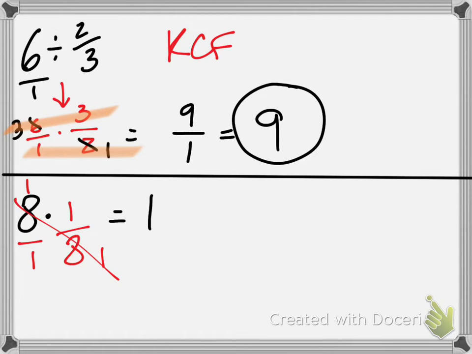Are you ready for it, you guys? It is the reciprocal, or as I like to say, refliprical, because we flipped 8 over 1 to 1 over 8. It is the reciprocal. It is the refliprical. Amelia, what is the reciprocal to 2/5?